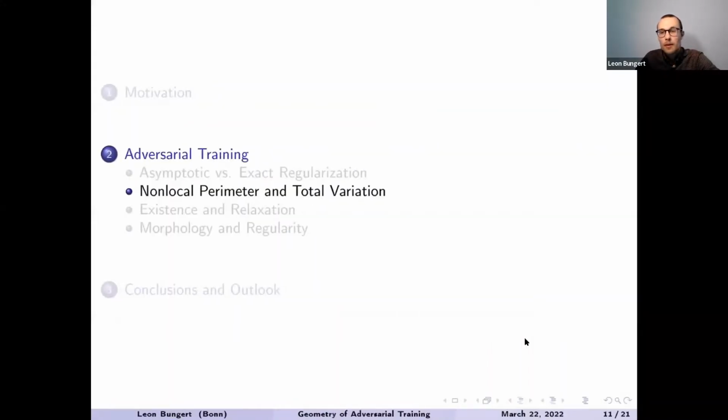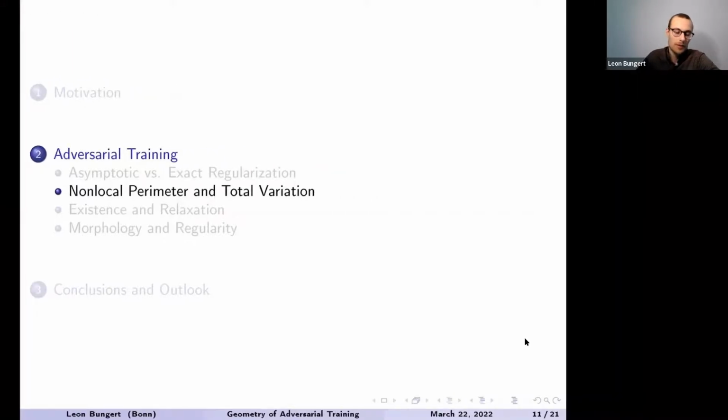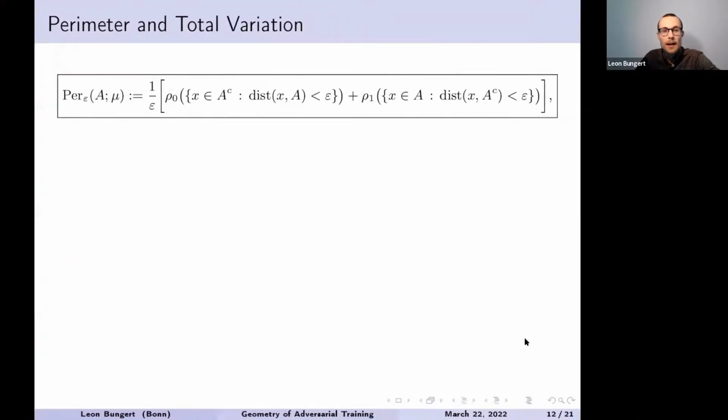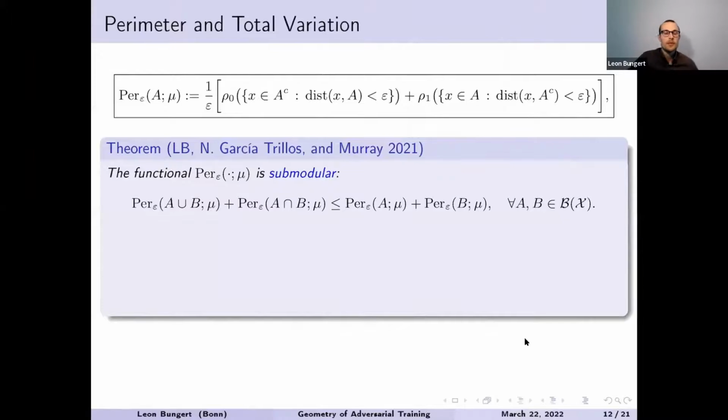Okay, so now we've discovered this perimeter. Let me now give you some analytical results on the perimeter, and let me relate it to a total variation, which is also non-local then. So just to remind you, this was the perimeter that we've seen previously. And the first thing that we can prove is a very important convexity property, namely that the perimeter is a submodular function on all Borel sets of the metric space.